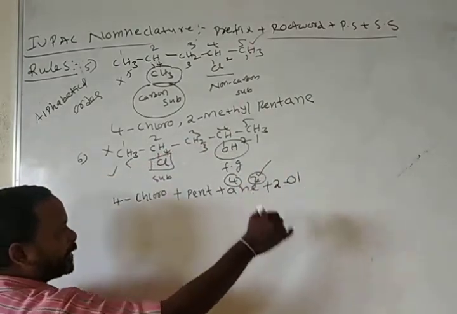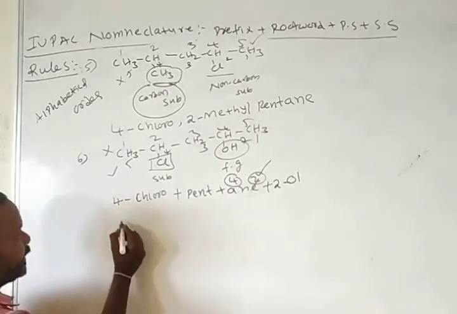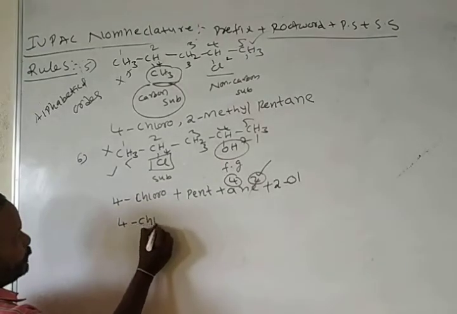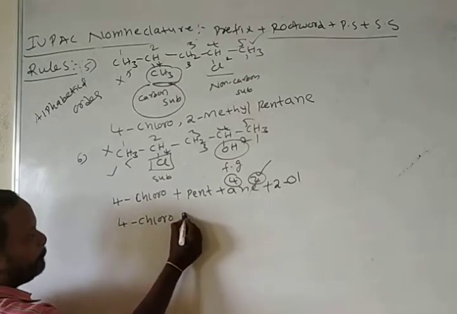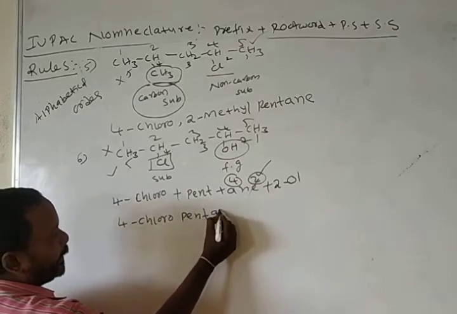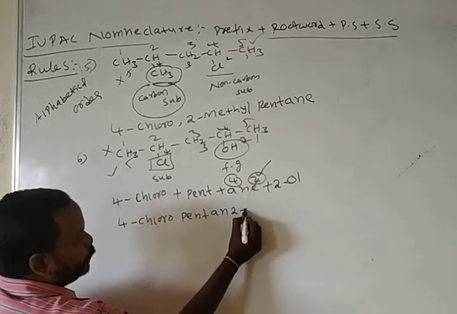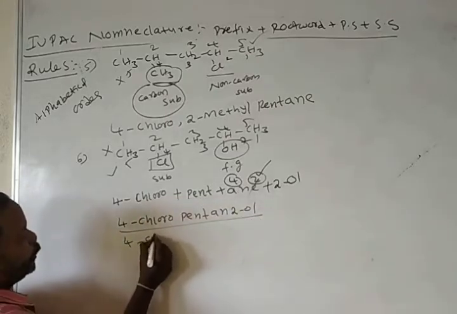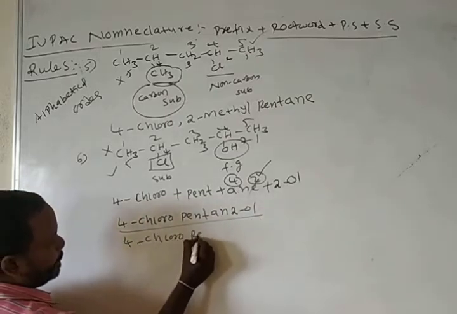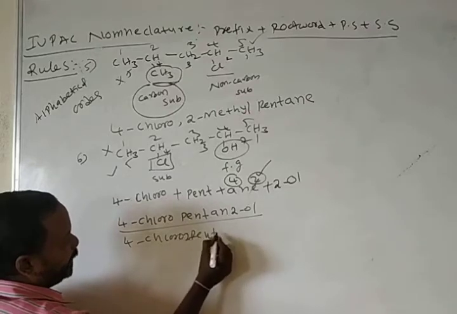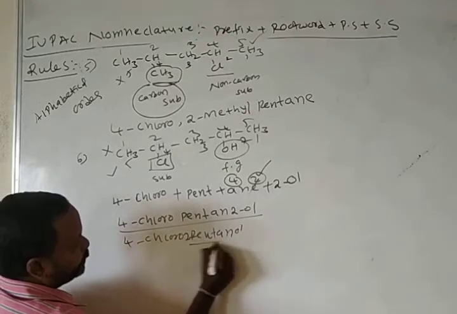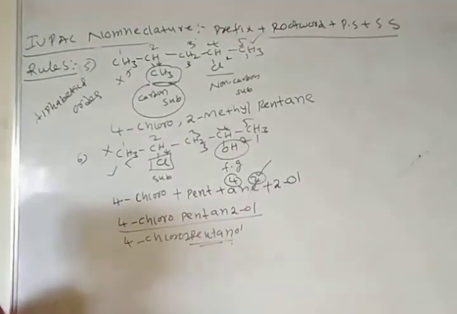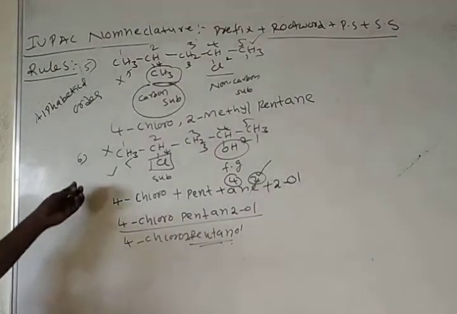While writing the complete name, remove the e. 4-chloro pentane and 2-ol may be written like this: 4-chloro-2-pentanol. This is the IUPAC name of this molecule.